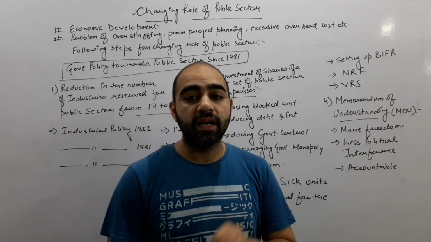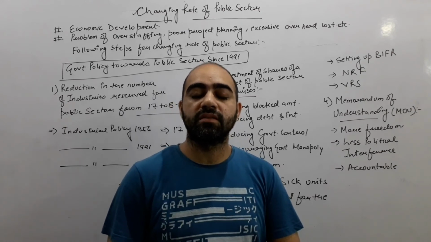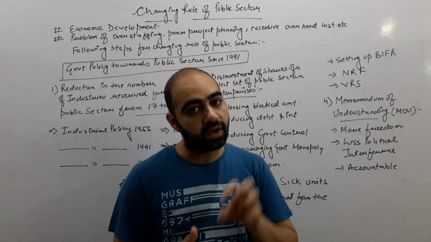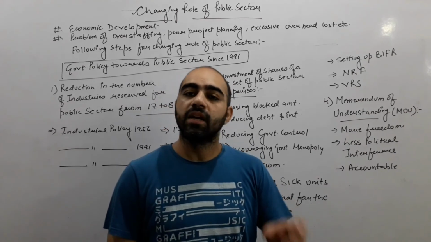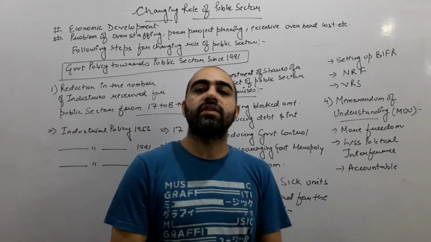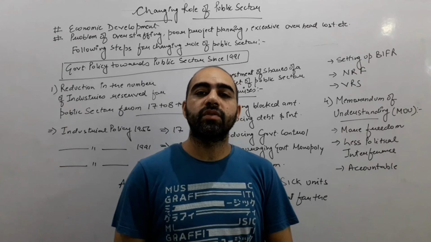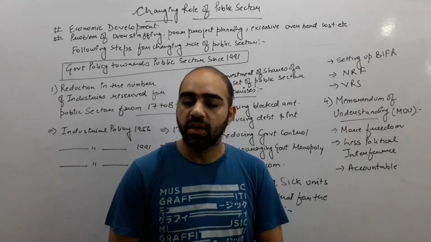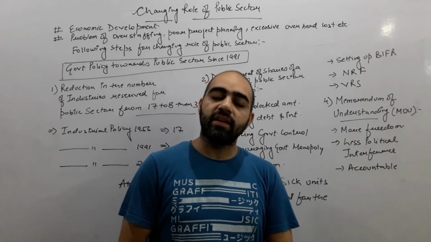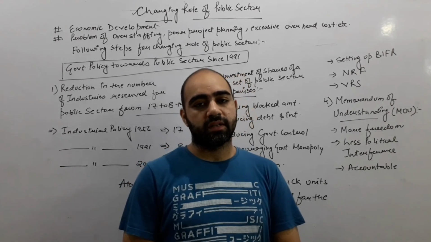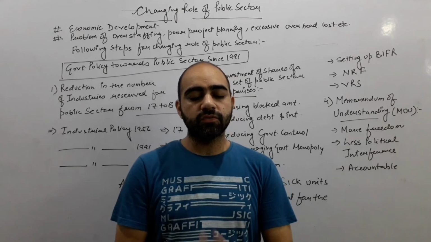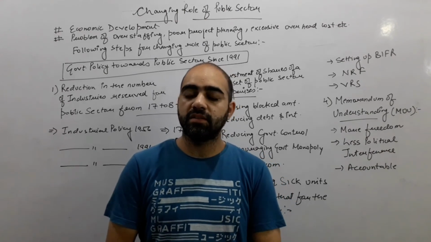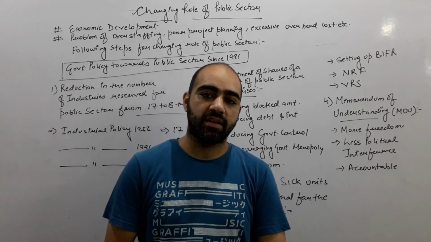Still, they are held accountable for specific results, and the responsibility for results will be theirs, but interference of political parties and government officials has been stopped. This was helpful for public sector enterprises to perform efficiently and contribute to the economic development of our country. So students, this was the 4-step policy initiated in the change of public sector enterprises.